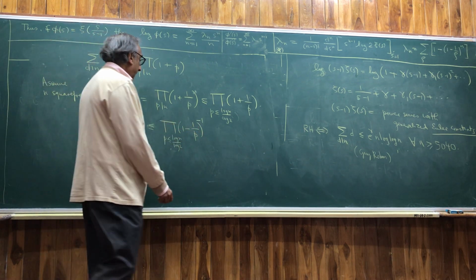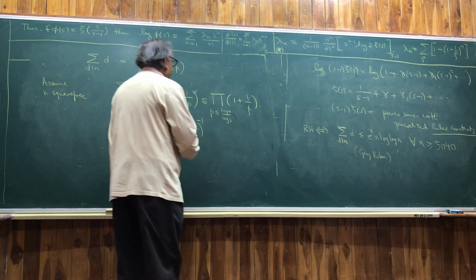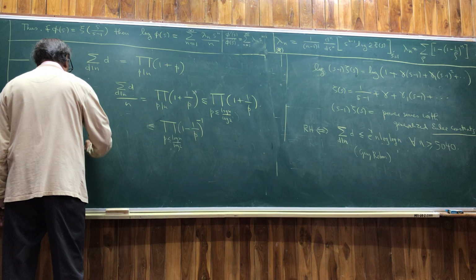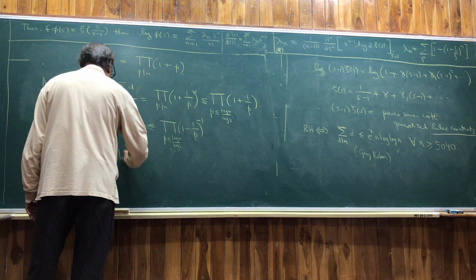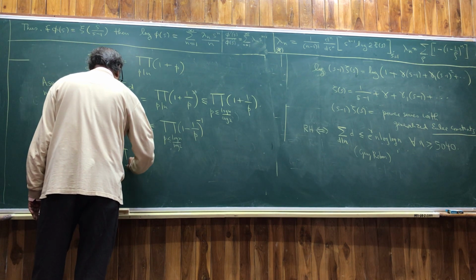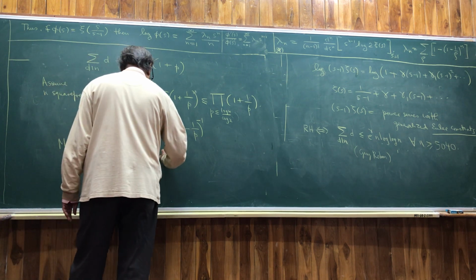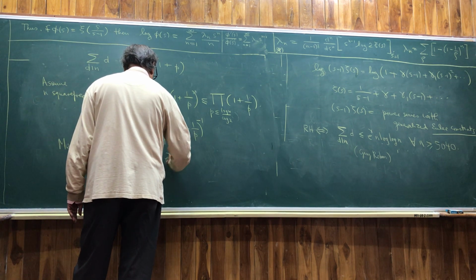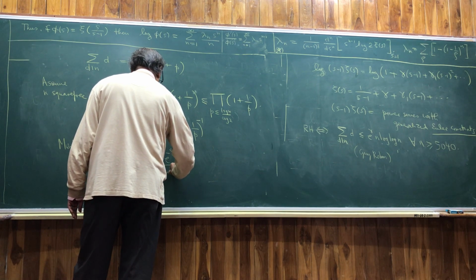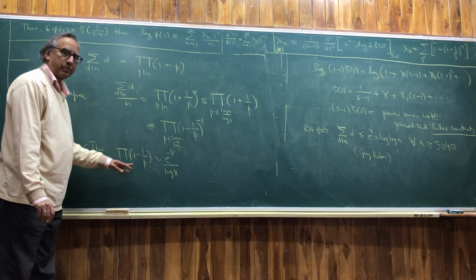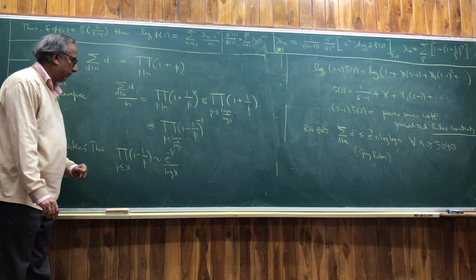But now, you may know Mertens' theorem, that this product is asymptotic to e to the minus gamma log x.